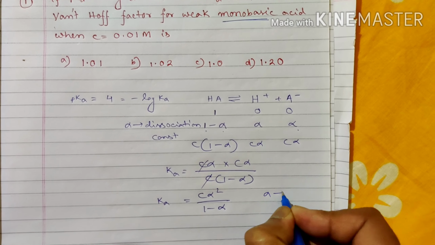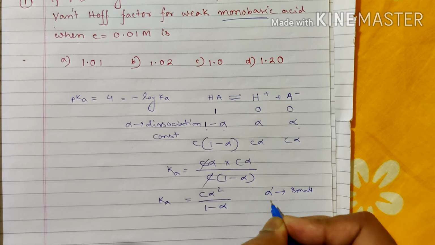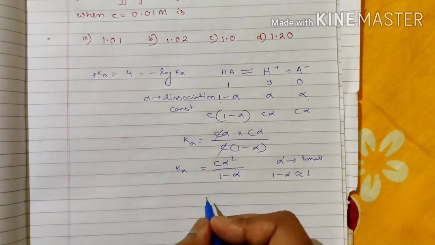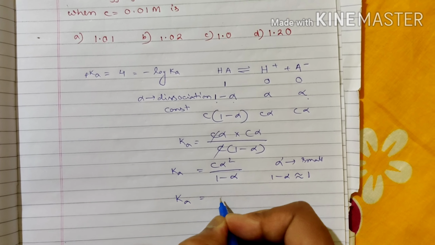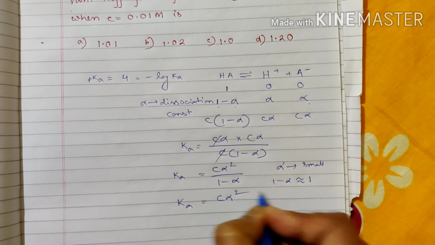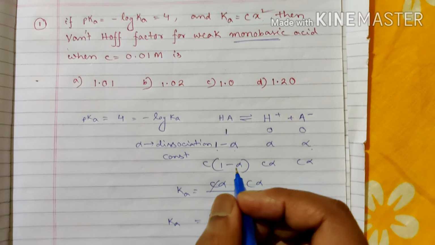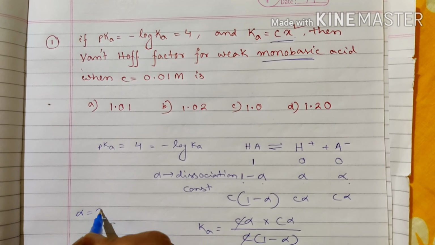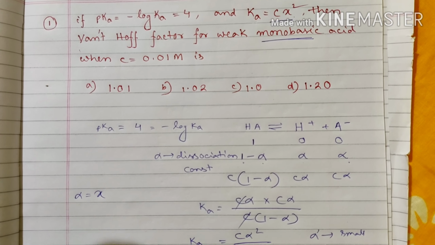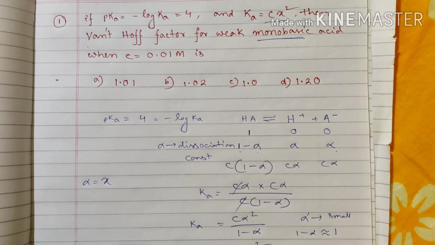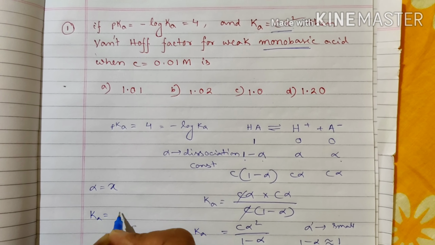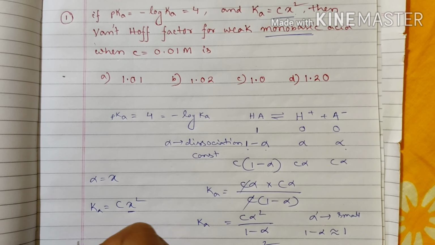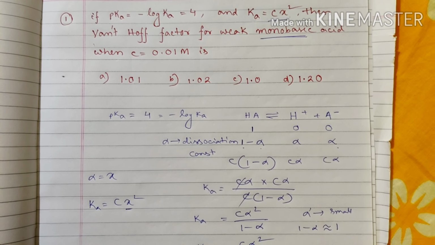Since alpha is very small, 1 minus alpha is almost equal to 1, so the equation reduces to Ka is equal to C alpha square. In the question it is Cx square only, so we can consider alpha is equal to x in this particular case. So x is basically the degree of dissociation.